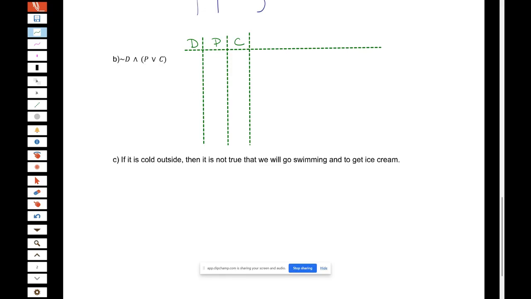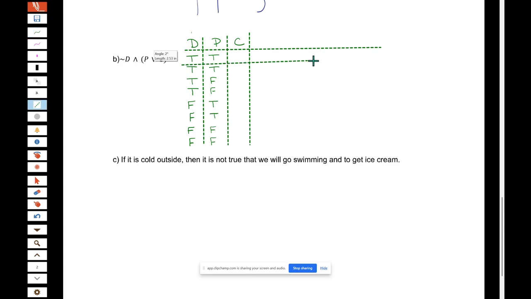Since it's going to be 8 rows, I'm going to do 4 trues and 4 falses, because I have to get all the possible true-false combinations for these 3 letters. Then I'm going to split it again, and do 2 and 2 and 2 and 2 instead of 4 and 4. True, true, false, false, true, true, false, false.